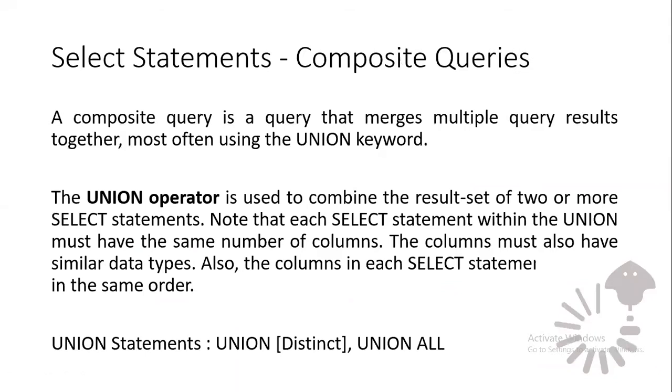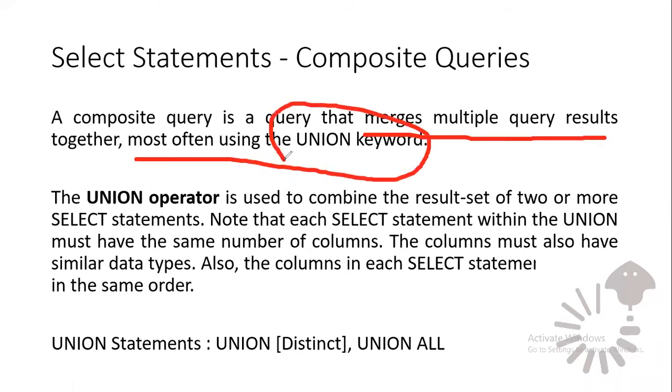And we also have composite query. For composite query, it is a query that merges multiple query results together, most often using the union keyword. For union operator, it is used to combine result set of two or more select statements. Para din siyang join.